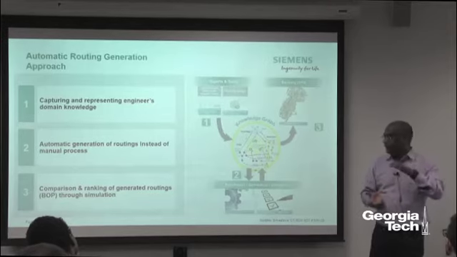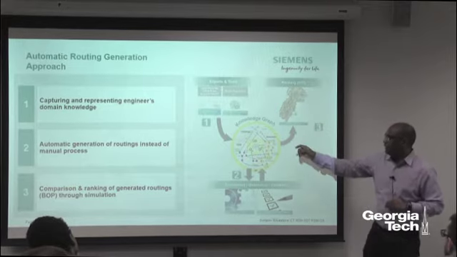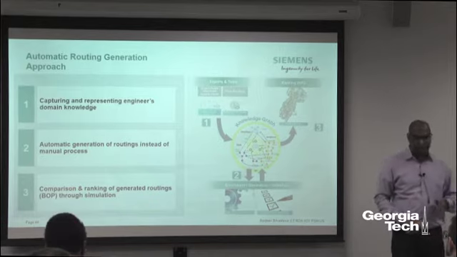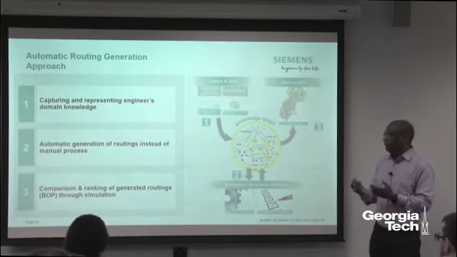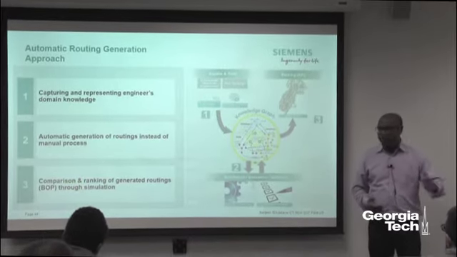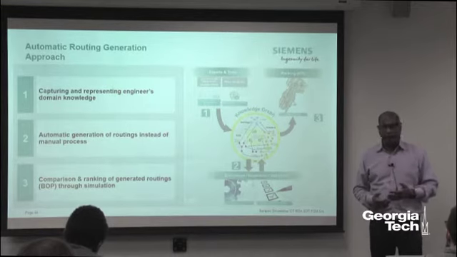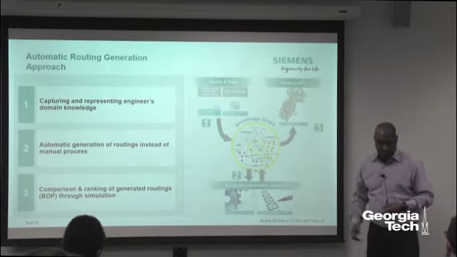So that data contains the tacit knowledge of the domain expertise of that human engineer. So how can we capture that? Once we have captured it, we want to utilize it to automatically generate the new routing for a new blade or new vanes which I want to manufacture. And then the last stage is that once you've generated these steps, you still have to validate that outcome to make sure that it works in the real world scenario.